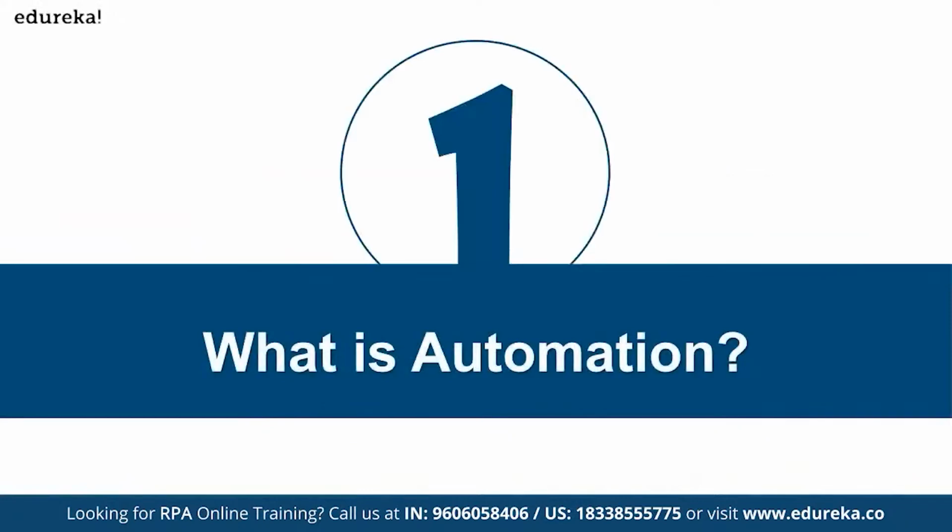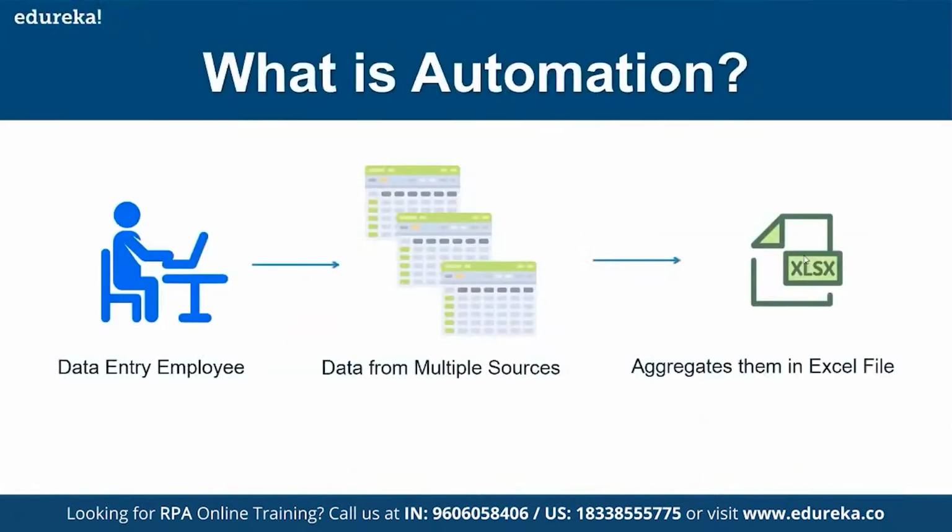What is automation? Just an example that we see a lot in our IT industry: a data entry employee. You have an employee sitting there who does data entry work. From multiple sources, such as web applications, Excel applications, databases, or window-based applications, he has to pull the data from different applications, combine them, do some calculations, and finally load that into an Excel file.